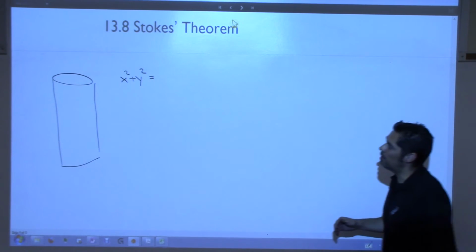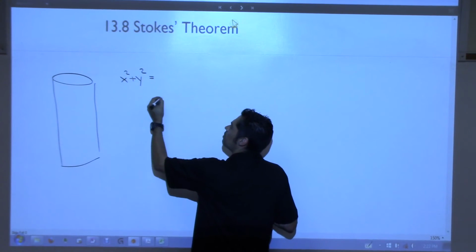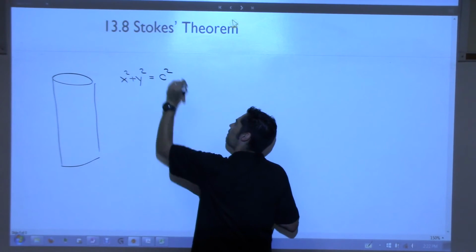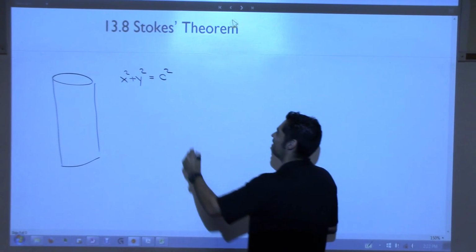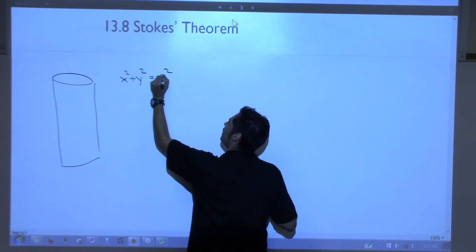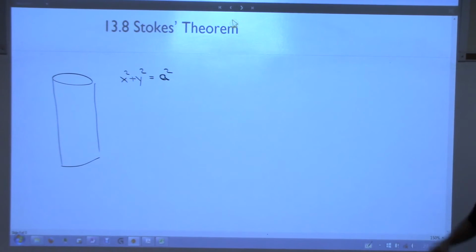You want to do general? Okay, let's not use r because we might need r. Let's just call it c squared. Some constant squared. You want to do a? Okay, I'll do a. Just for you. There you go. a squared.